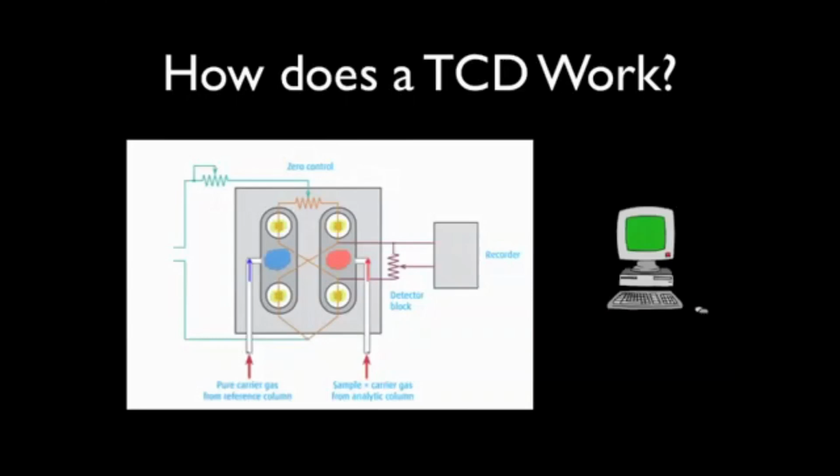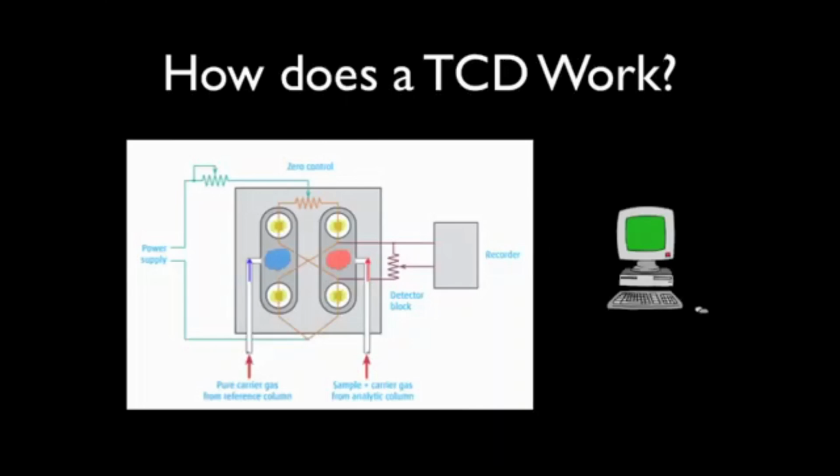The power supply provides a current to the resistance wires, which causes the wires to heat up. The electrical circuitry shown here that is characteristic of thermal conductivity detectors is known as a Wheatstone bridge. As the gas flows through the TCD, the physical properties of the reference and sample gases, for example, specific heat capacities, will allow the wires of the TCD to be cooled at different rates.